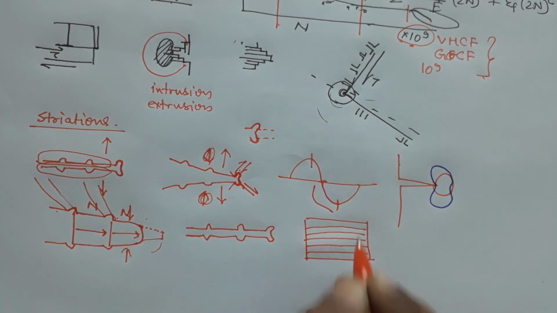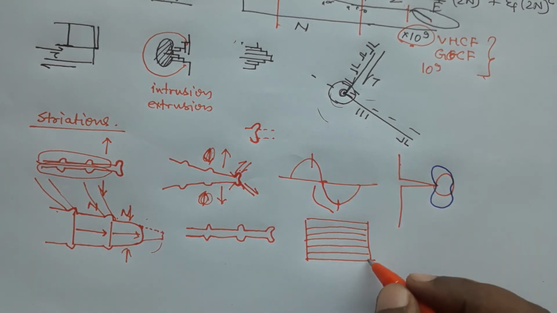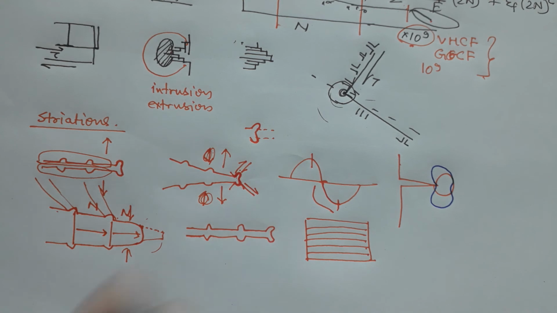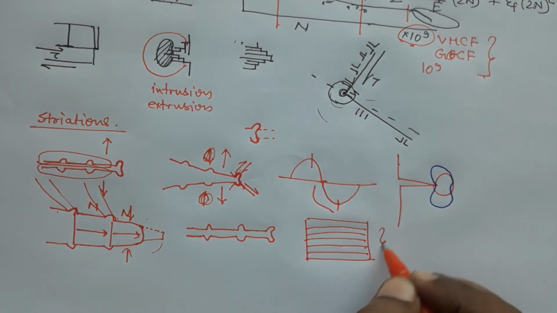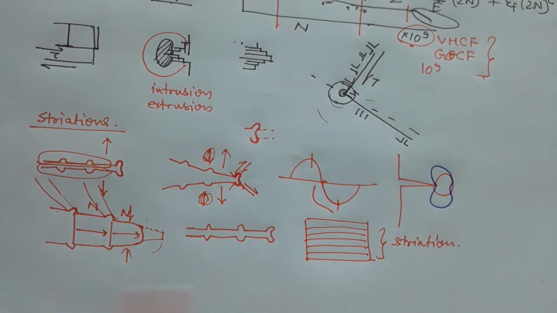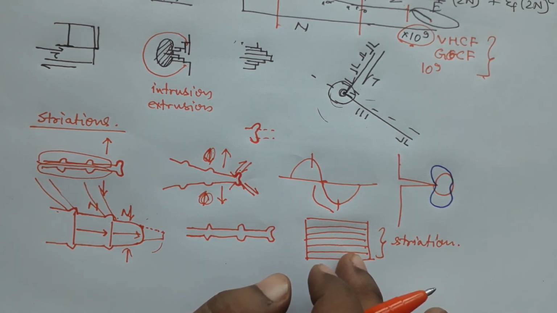The crack has propagated in each cycle, and these are the lines which are formed because of the shear band opening, and these lines are striations. Okay. So you see that striations define how many cycles have been given to the material.